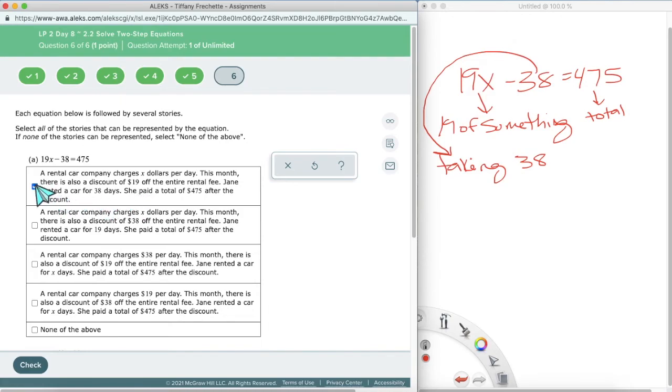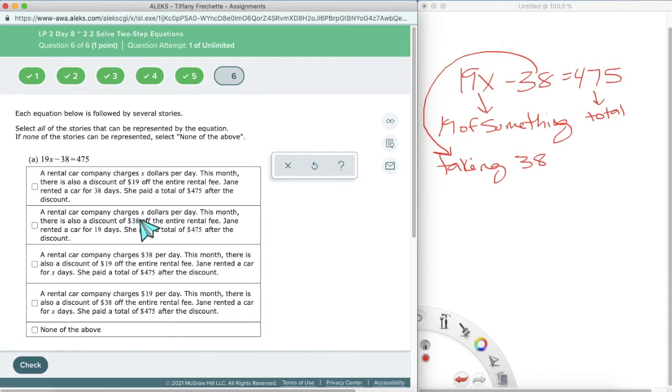They're saying they rented the car for 38 days. So in their situation, they'd be multiplying 38 by the X, not 19. So that one doesn't work. It doesn't match up with what we're talking about. Next one says a rental car company charges X dollars per day. Okay, so X is still days. That's my something, the days. This month, there is also a discount of $38. Ooh, that works.